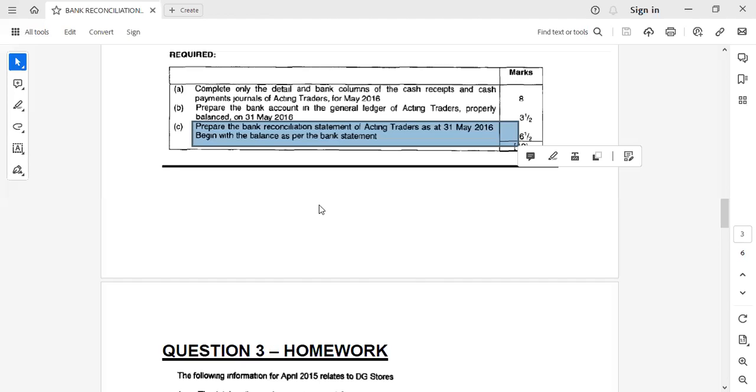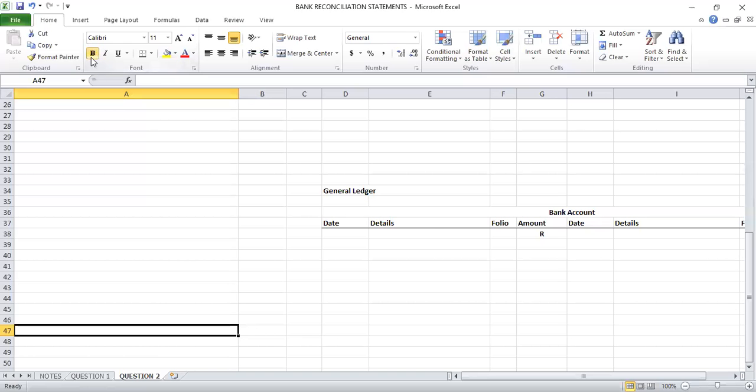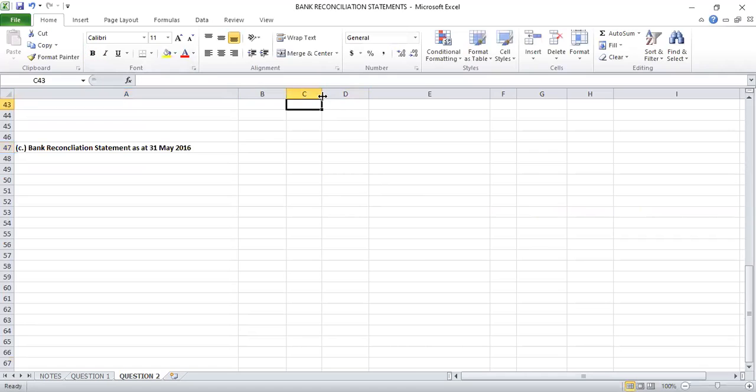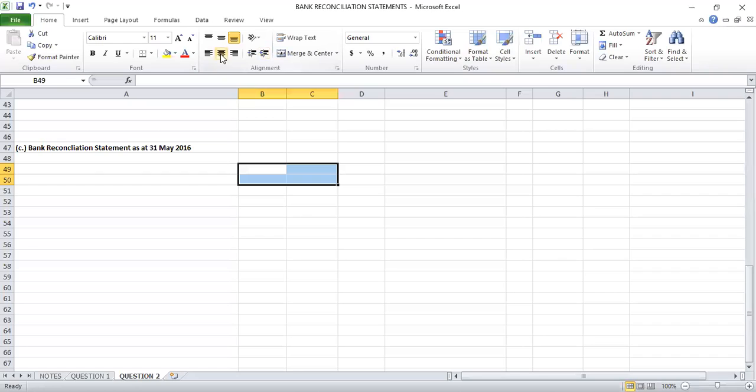So we have bank reconciliation statement as at 31 May 2016. Our bank reconciliation will have two columns. We have our debits, our credits.